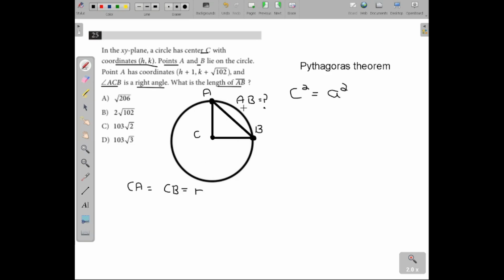Now, to find the length of side AB, we can use the Pythagorean Theorem. C squared is equal to A squared plus B squared. And since we know that both sides have the same value, we only need to find one.